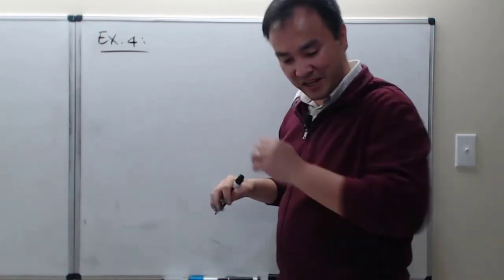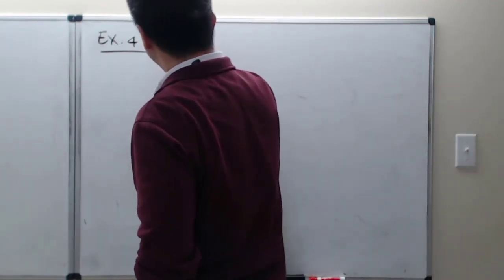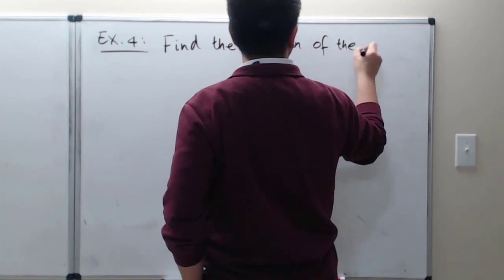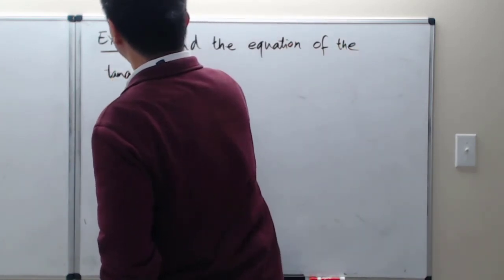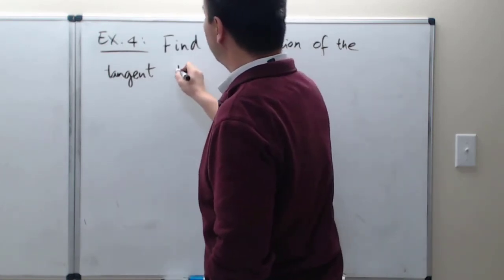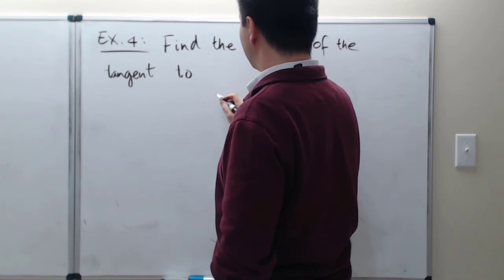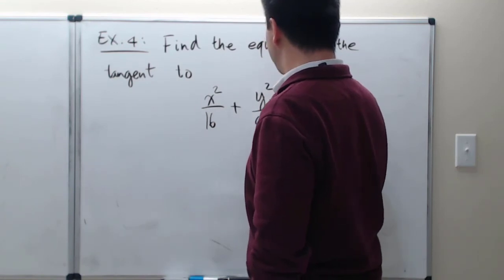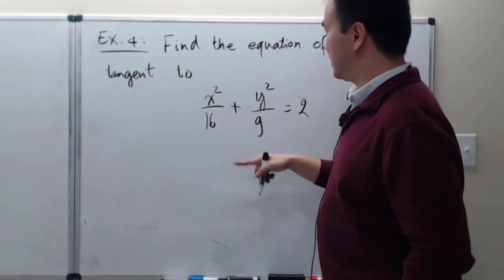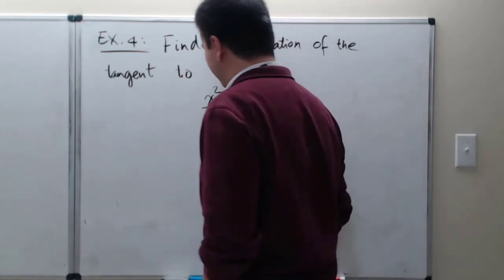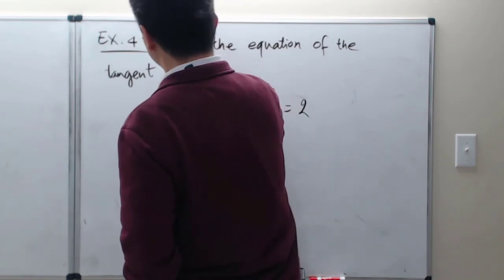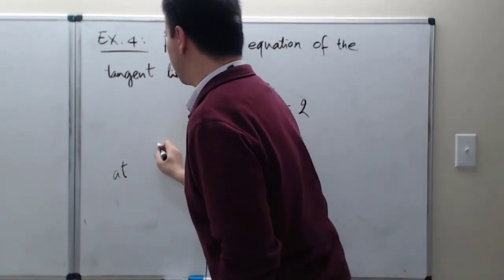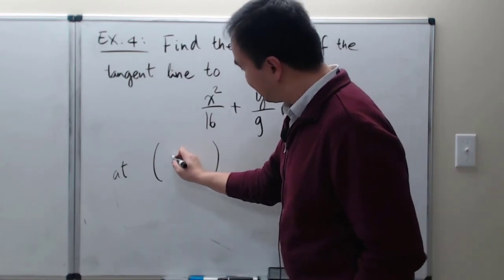Find the equation of the tangent line to the equation x squared over 16 plus y squared over 9 equals 2, at the given point (4, 3).